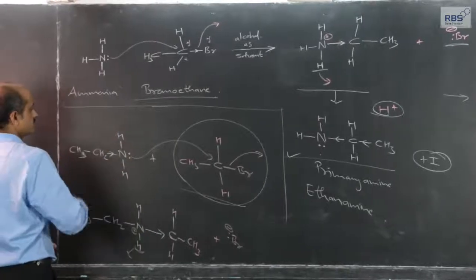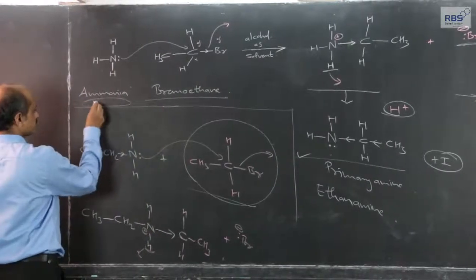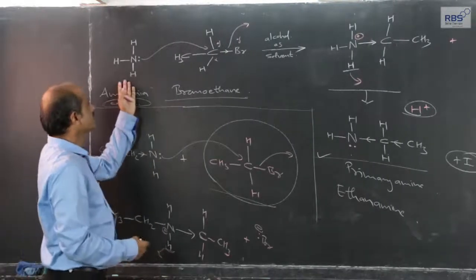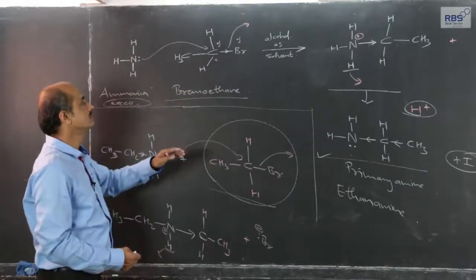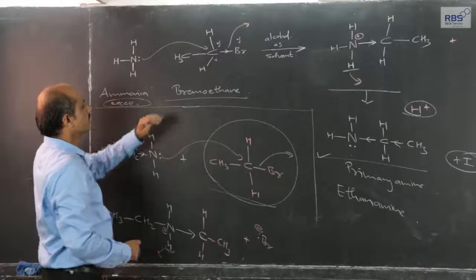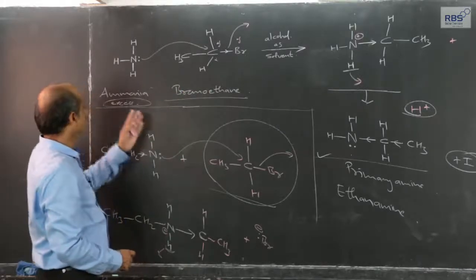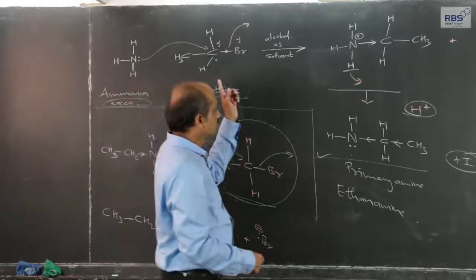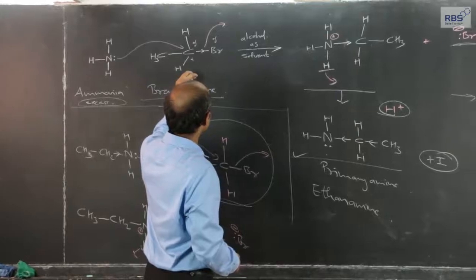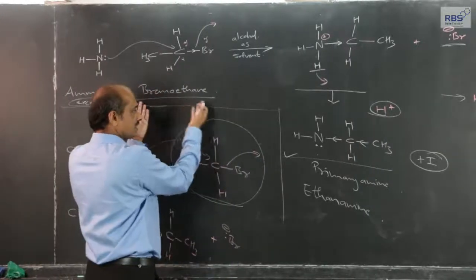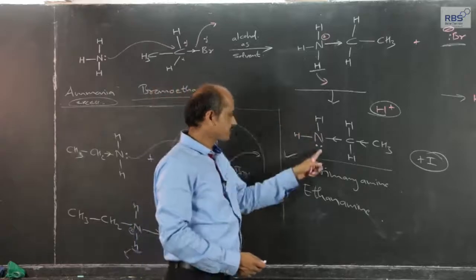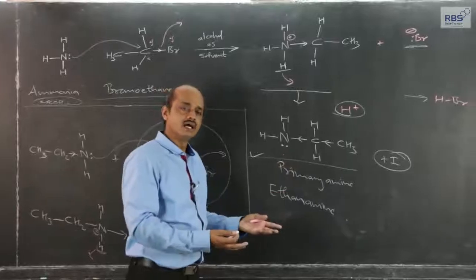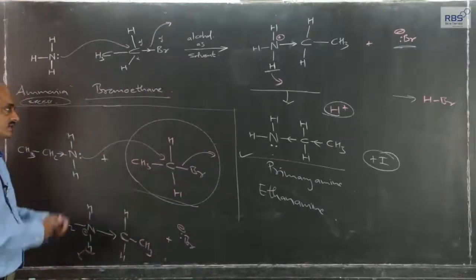If we take ammonia in excess, as per the balanced stoichiometric equation 1 mole requires 1 mole, but for 1 mole of bromoethane, if I take suppose 50 moles of ammonia, the possibility of all the ethyl bromide, in this case alkyl halide, taking part in the first step giving rise to primary amine will increase to much larger than 99%, and therefore the further possibilities will decrease.